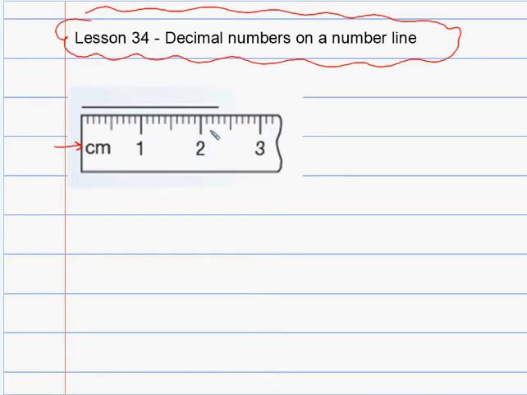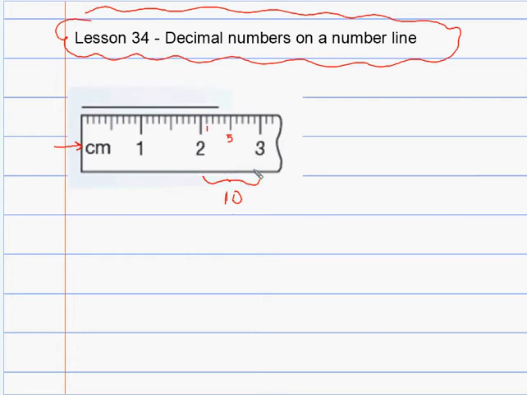Well, look and see how many spaces are in between the centimeters. So there's 1, 2, 3, 4, 5, 6, 7, 8, 9, and then we'd get to 10. At half, there's 5. So there are 10 spaces in between each of those units, 2 and 3, or 1 and 2, etc.